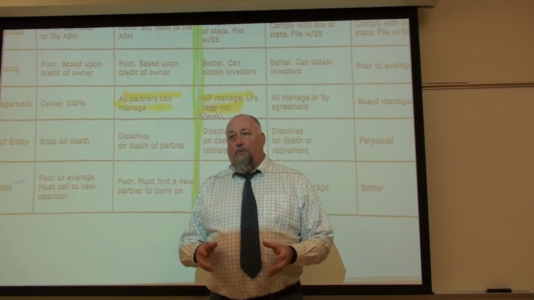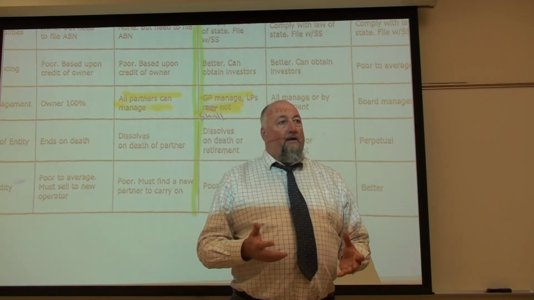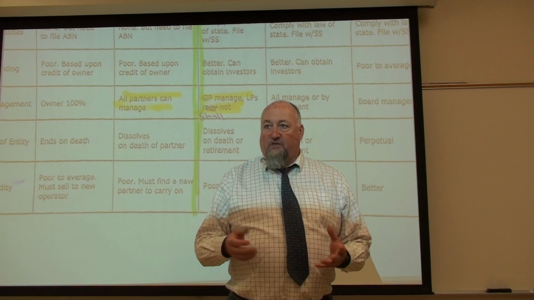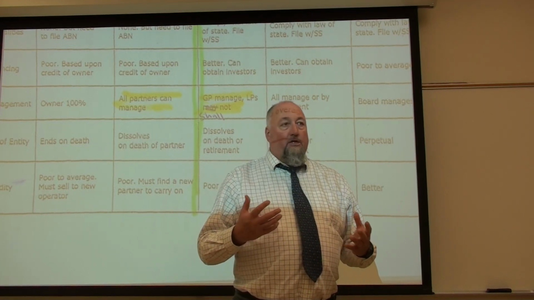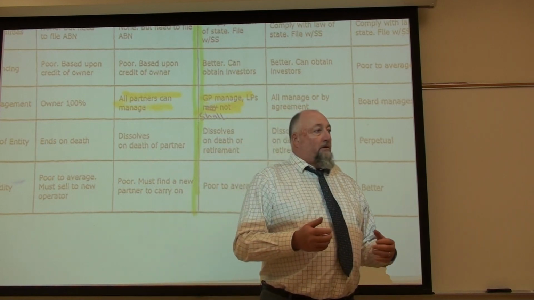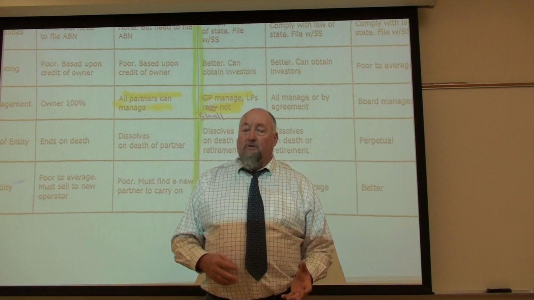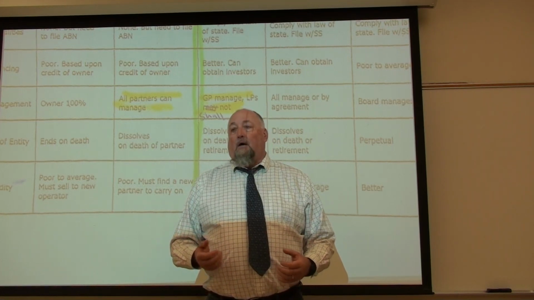The idea of a general partner, when I say management authority, is the authority to make day-to-day decisions, to write checks, to engage in contract making and sign contracts, to get credit on behalf of the partnership, which may be loans or credit cards.